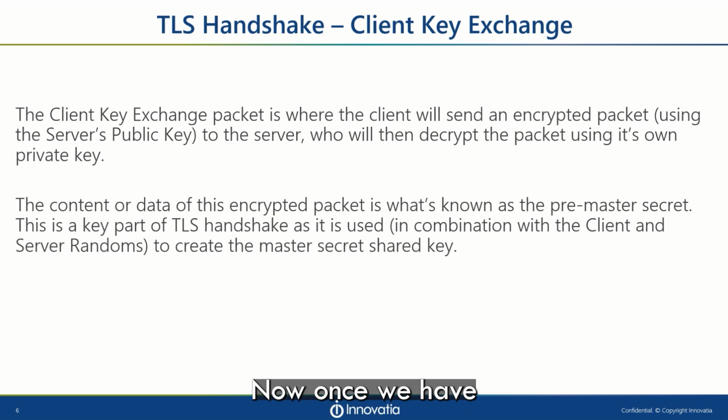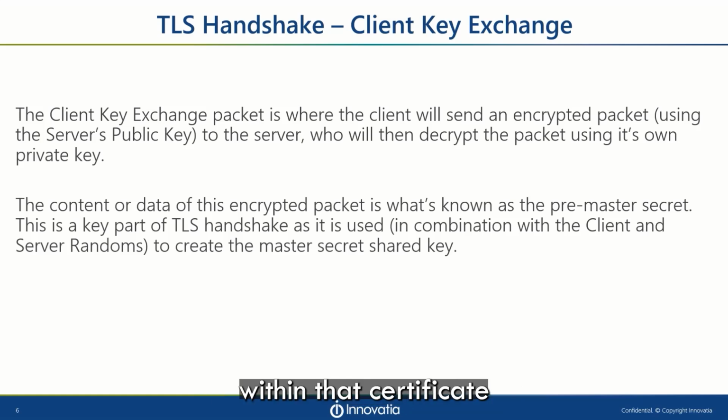Now, once we have the client hello and server hello packets exchanged, once the certificate has come across and has been validated, and the server hello done packet has been shared, the next step is for the client to utilize one of the fields within the certificate, specifically the public key.